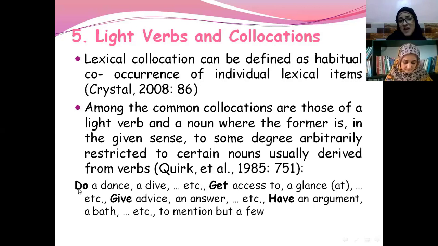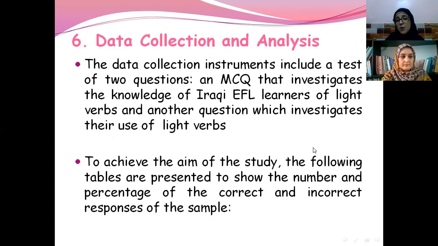For example, the verb do collocates with the nouns dance and dive. Do a dance, do a dive, do a left or right turn, do a report, do a sketch, etc. The verb get also has a certain group of nouns that it collocates with. The same thing is applicable to the rest of the light verbs. Now we move to the practical side of the study, data collection and analysis.